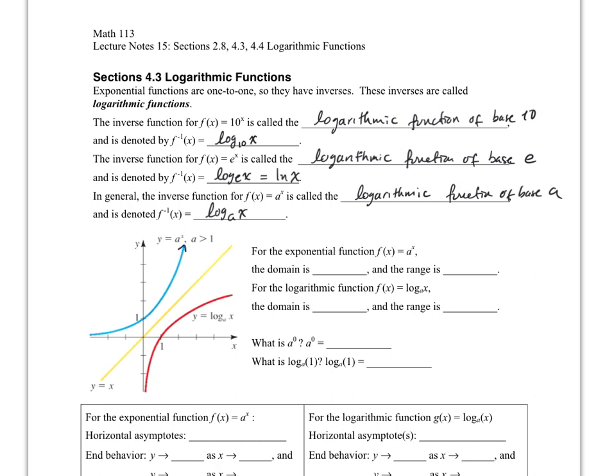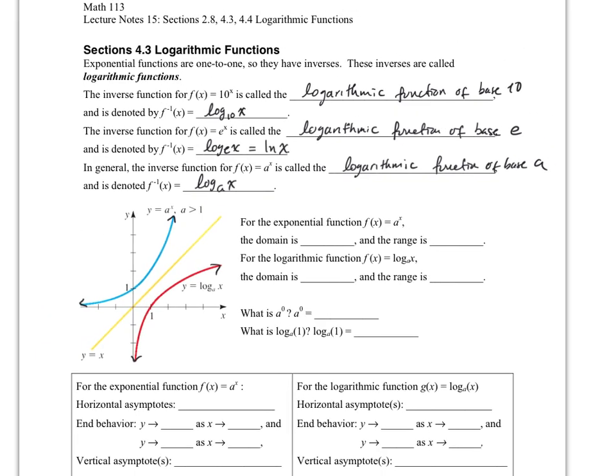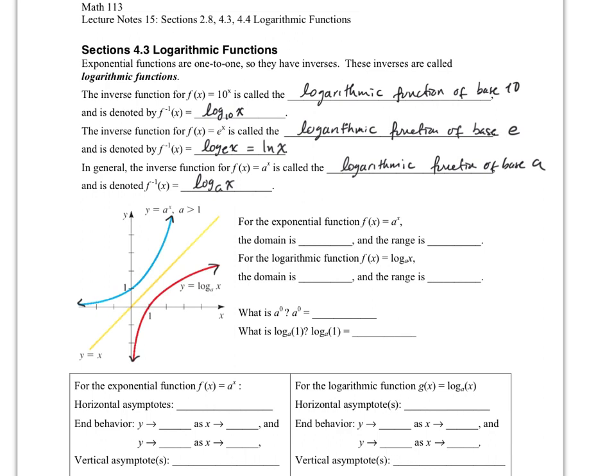Now, we did domain and range for logarithmic functions before. You even had it on the last quiz. So let's review that. For the exponential function in general, the domain is always everything, minus infinity to infinity, and the range is 0 to infinity.